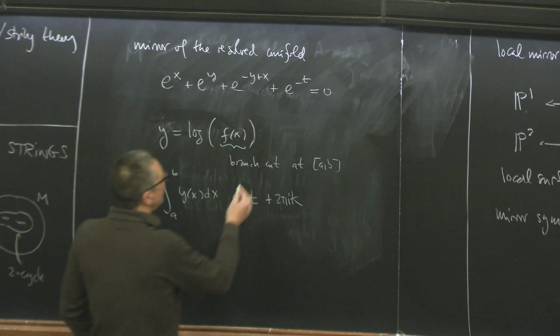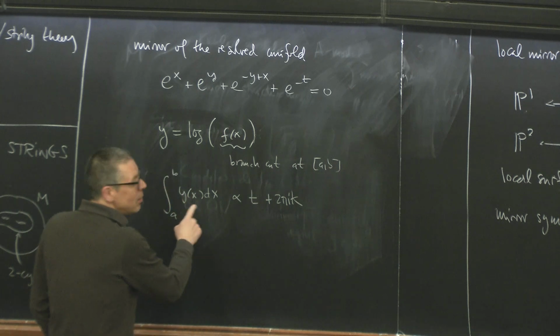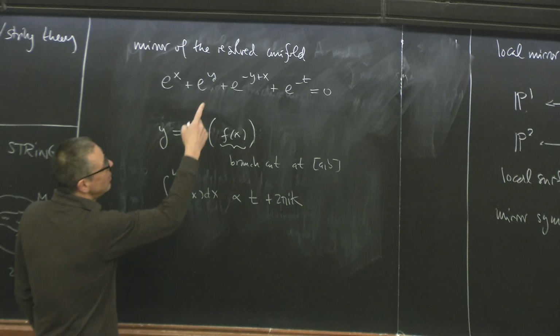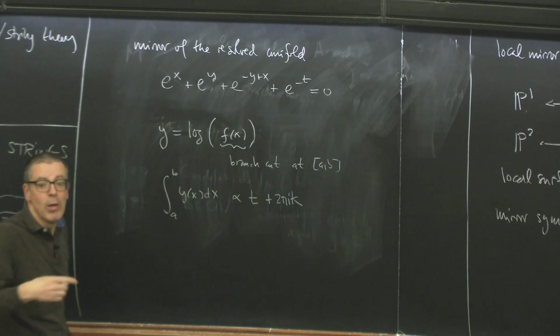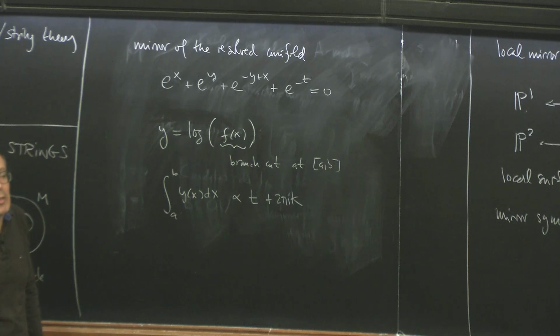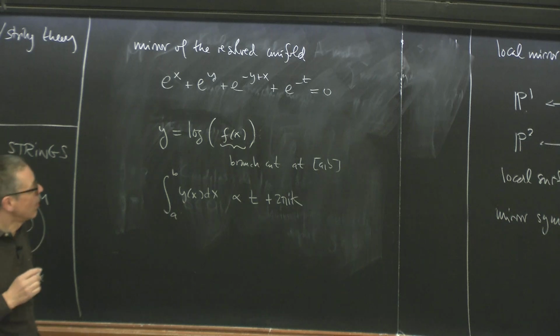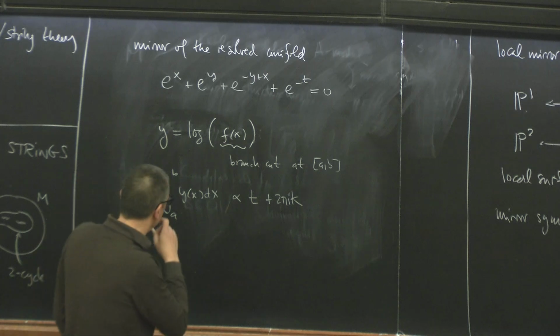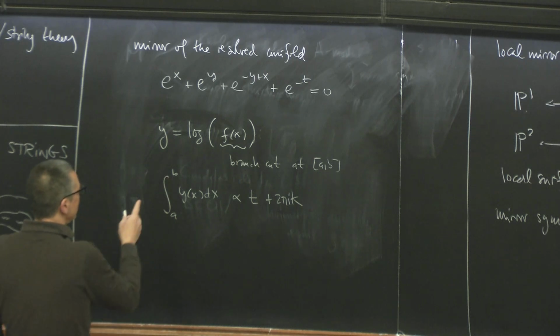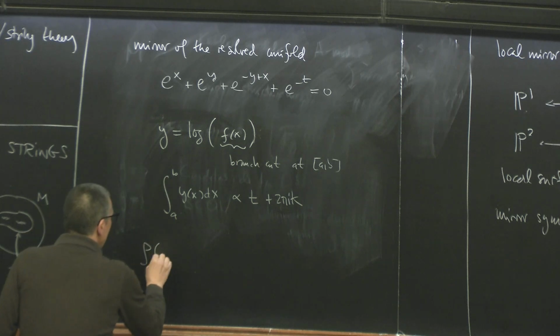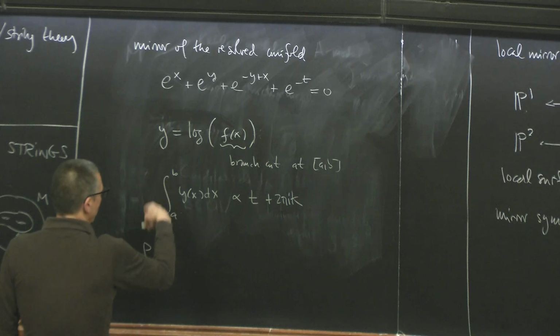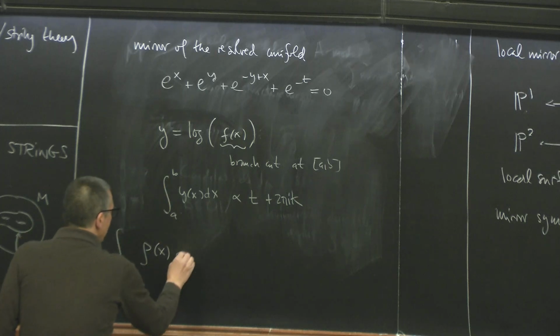So again, we are using this differential y x dx, and the mirror curve is regarded as a spectral curve on which the periods are going to give you the possible locations of Borel singularities, okay? Actually, in this case, you can get a density rho of x out of y, which is normalized.